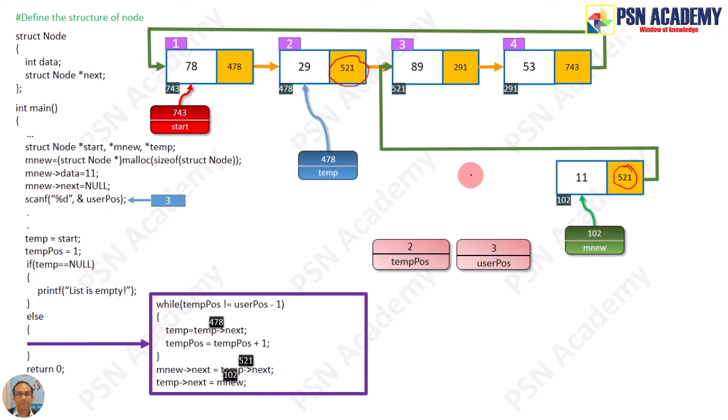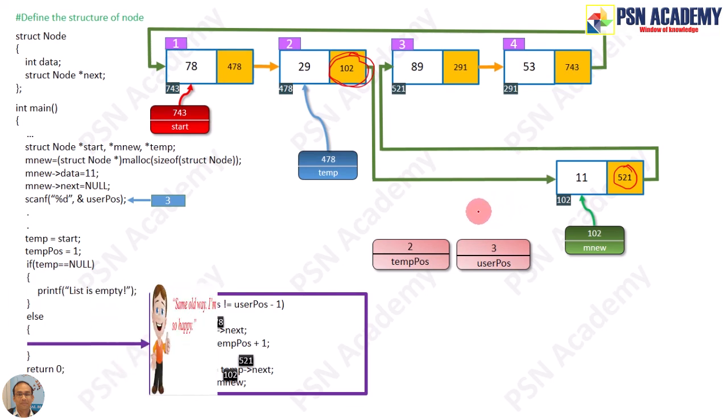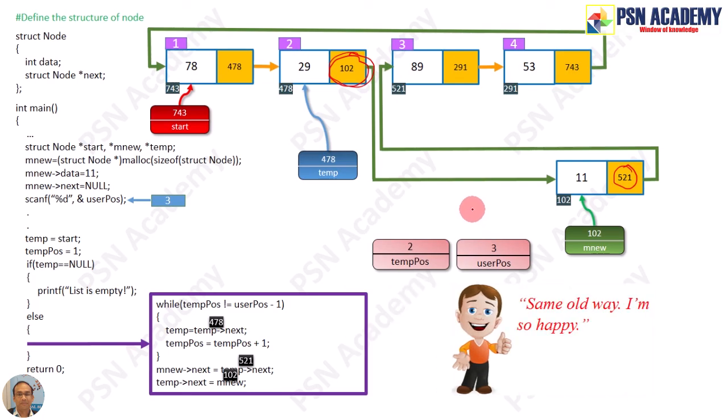The next line, you write temp next equal to MNew. The temp next is this one, this pointer. So it will point to MNew like this. So it's very simple. This kind of insertion we have done in previous videos a lot of times. So it's nothing new here, right?